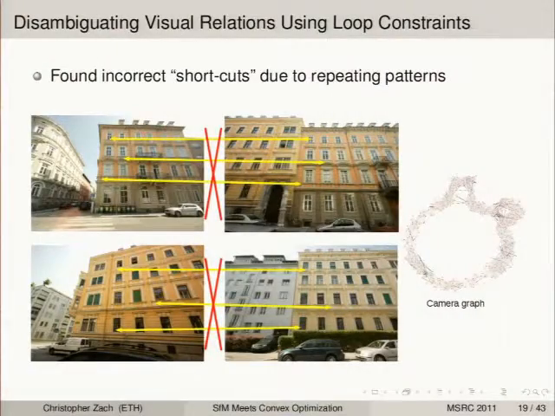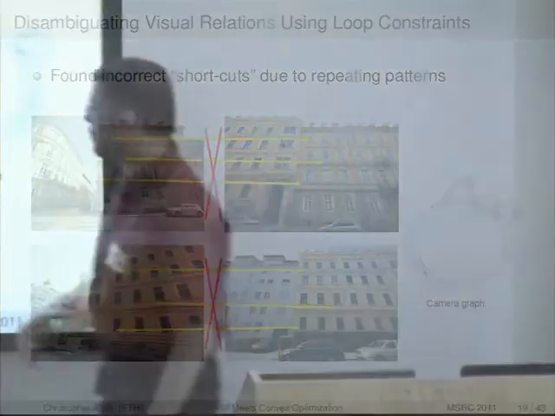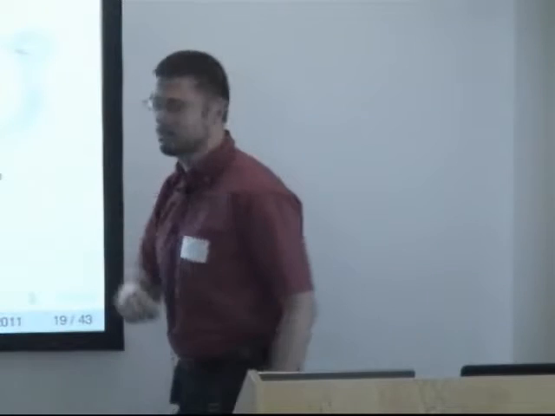These are a few results for this block dataset. Matches or hypothesized visual relations like this are discarded by this procedure, and here this facade is actually the orthogonal one to the one you can't see here. So a lot of those shortcuts are removed.